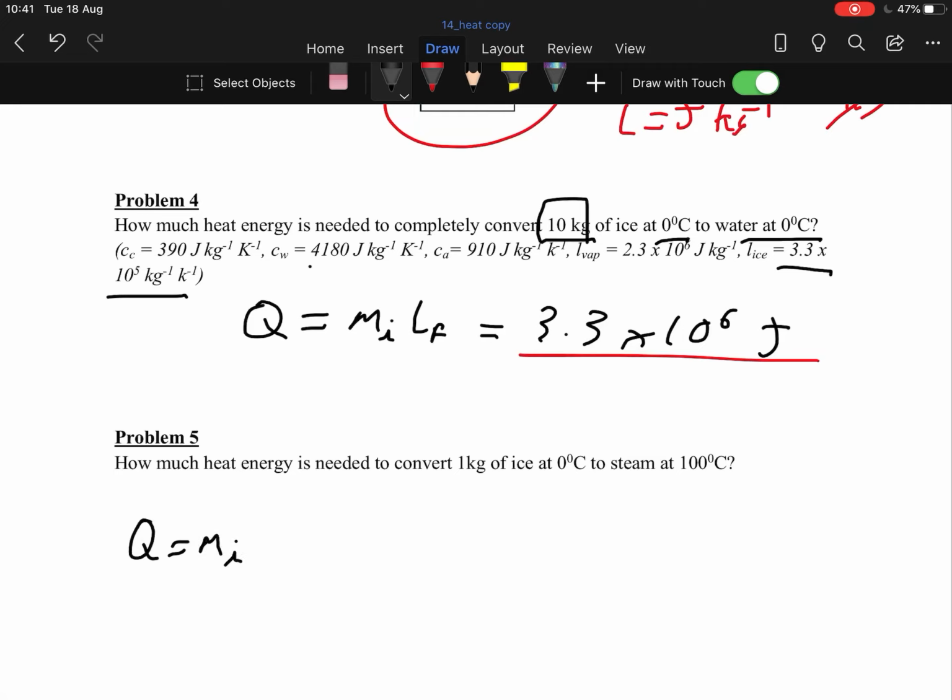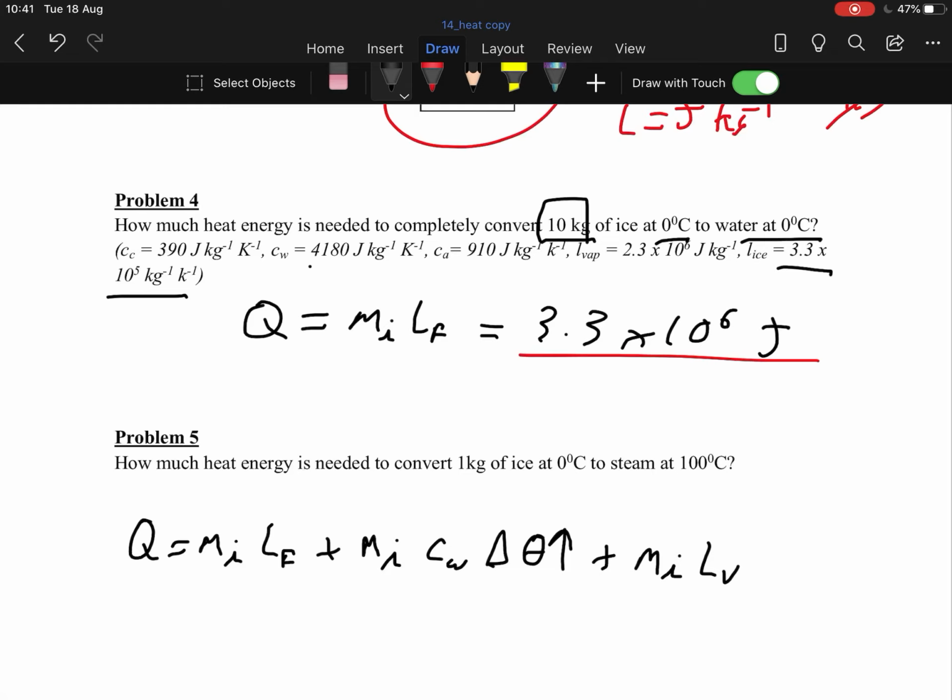So mass of ice, latent heat of fusion. So what's going to happen then after the ice melts? We're left with water. What has to happen to the water? It has to heat up. Add mass of ice, heat capacity of water, change in temperature, temperature is going up. And then what happens when we want to get it to steam? It's going to change state. Mass of ice, latent heat of vaporization. You see?